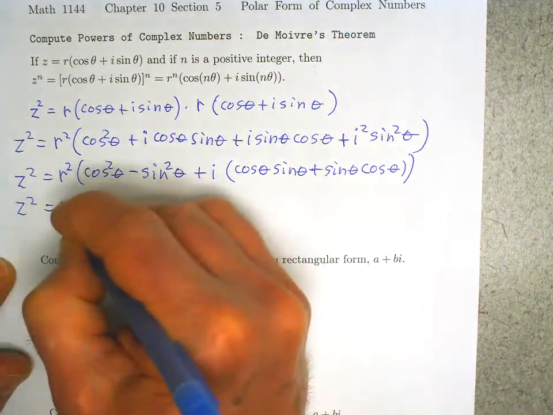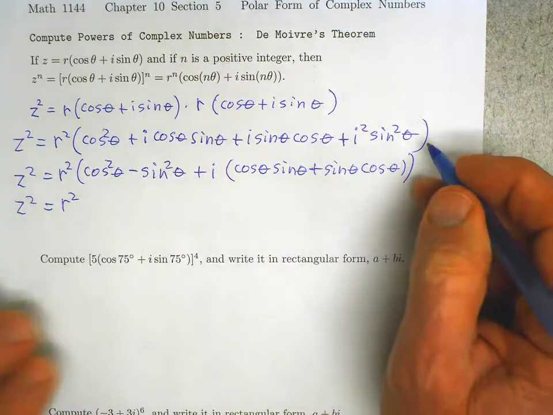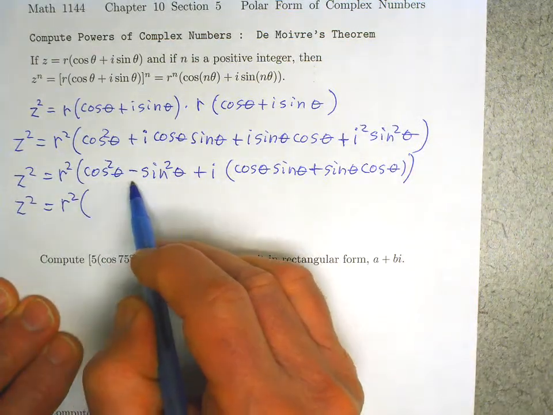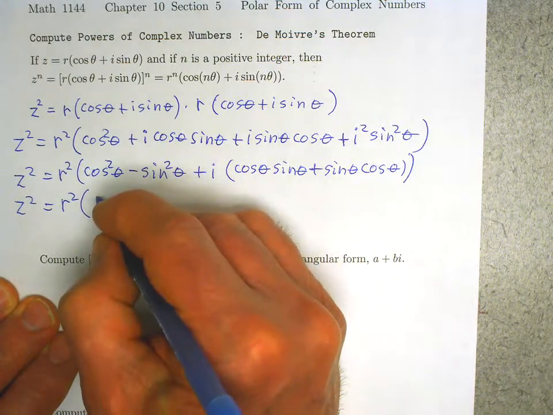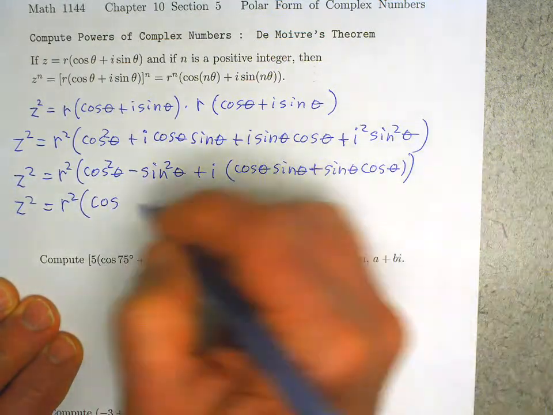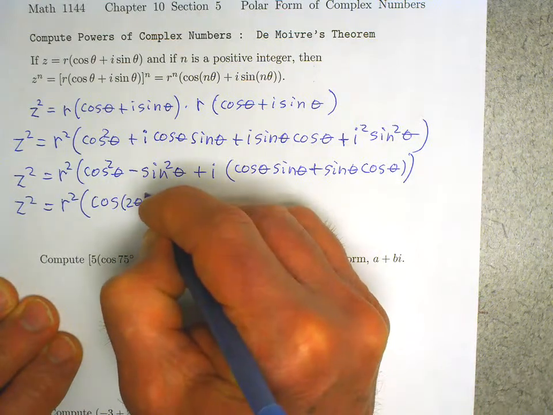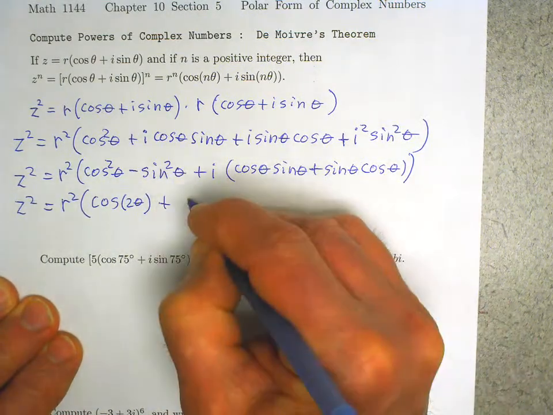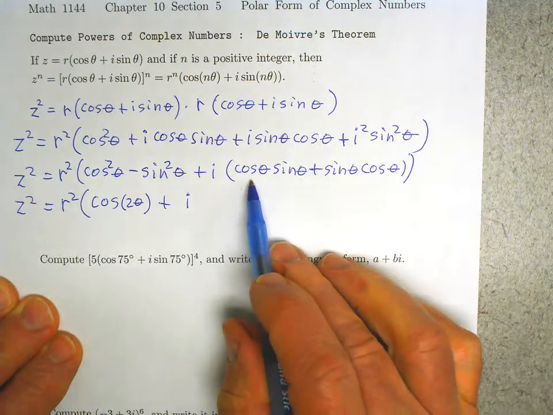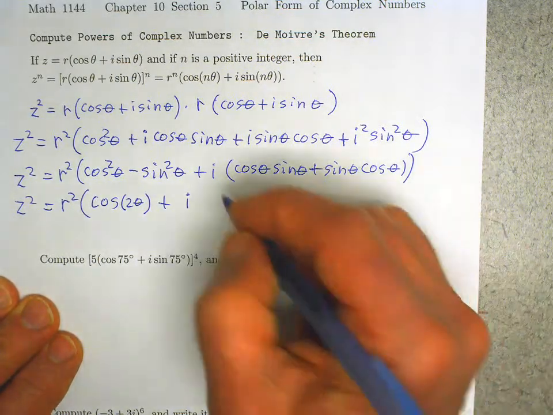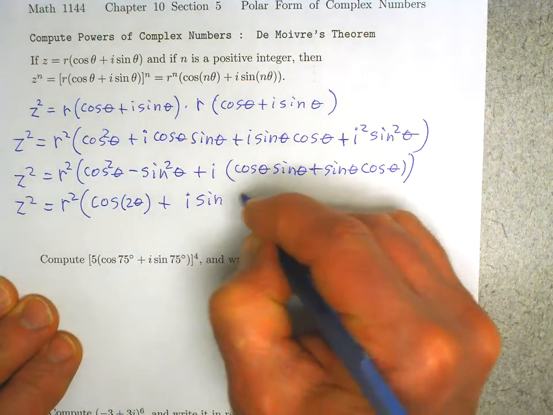And then finally, cosine of theta squared minus sine of theta squared is cosine of 2 theta and cosine of theta times sine of theta plus sine of theta times cosine of theta is sine of 2 theta.